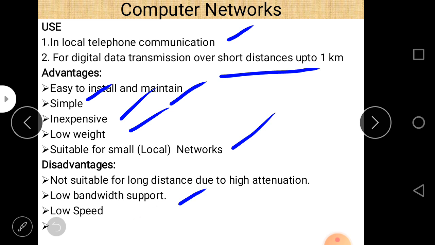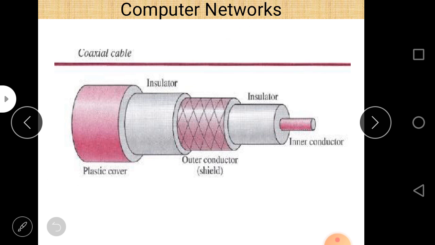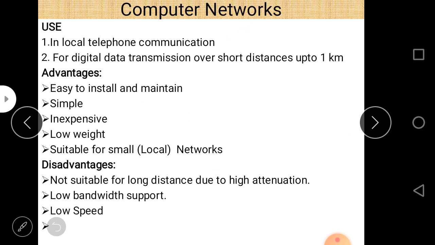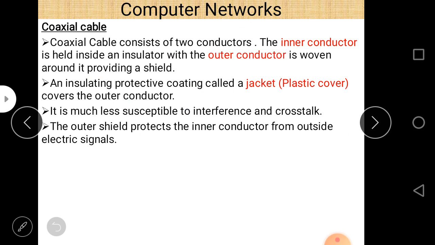So overall, we can say that it is used for local area networks, it is easy to install and maintain, and not suited for long distances. So these are the points regarding STP.